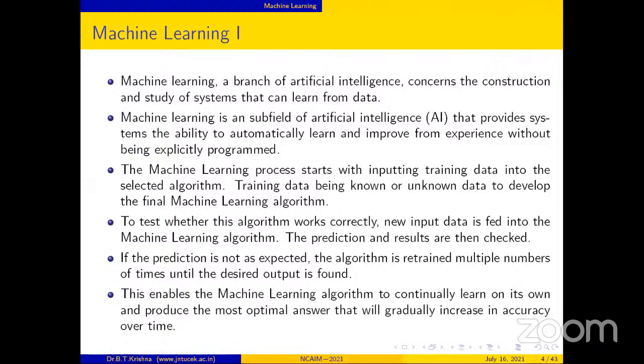Like that, in machine learning also, the output is checked for each and every iteration, and we check whether our expectations have been reached or not. If they are not reached, then the algorithm is run again, and this continues until the desired output is found. So as a summary, machine learning is a branch of artificial intelligence that provides the ability to the system to learn by itself.